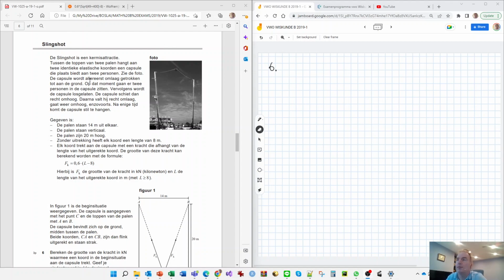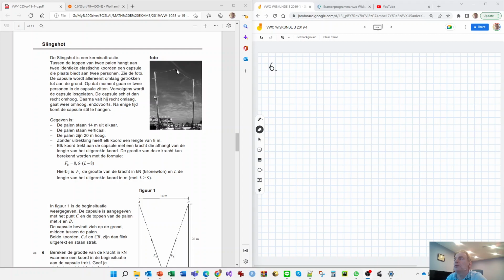Slingshot at amusement park. Not sure if you guys are in the mood for that now, but okay. So we have the slingshot, basically 2 of these posts with 2 kind of short elastic cords, and the capsule, where I guess you can have 2 persons, is in the middle.